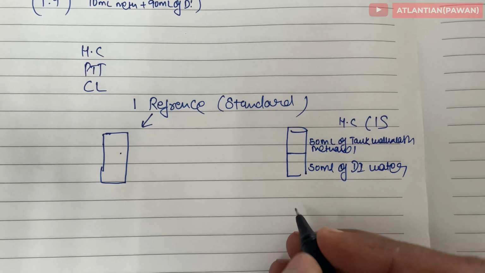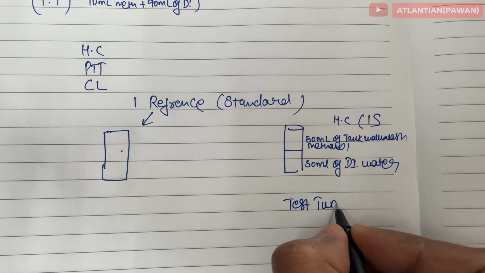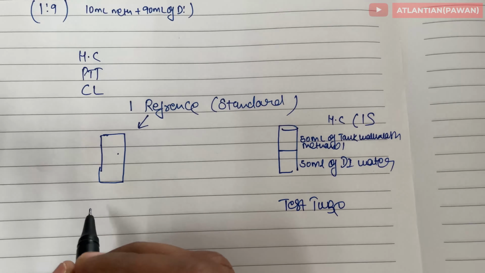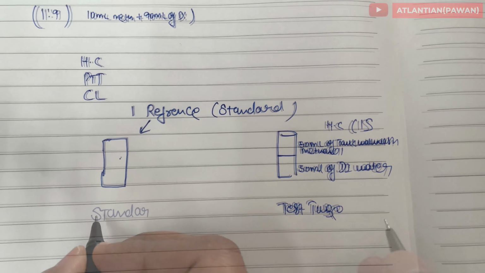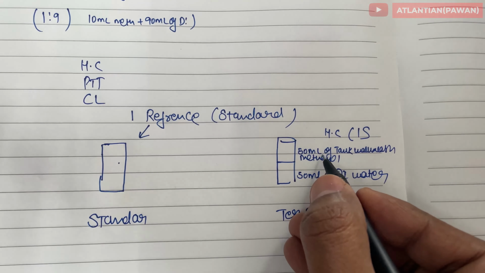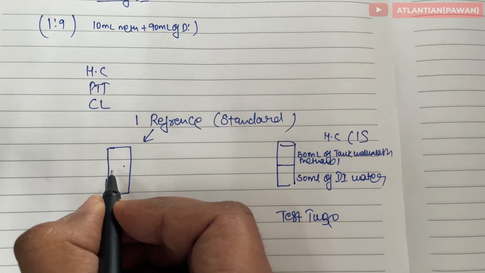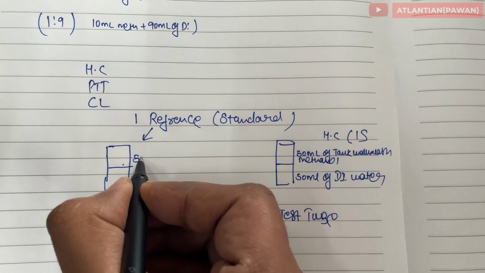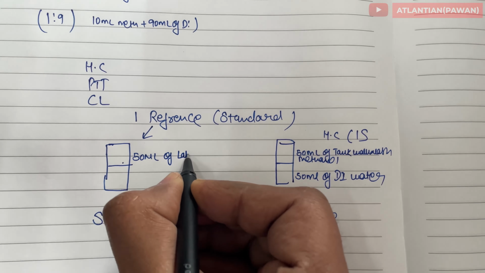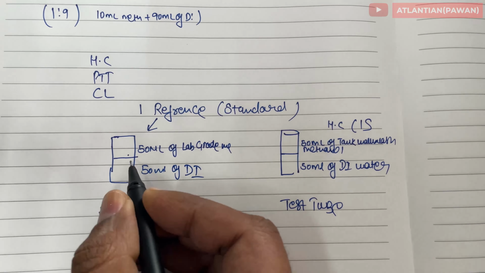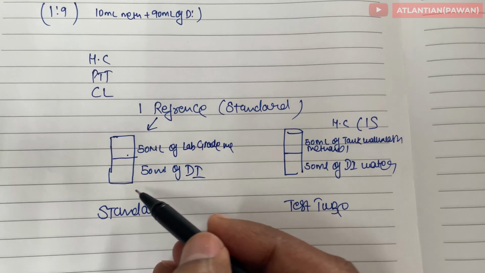Whatever test tube you're making, your reference sample should also be the same, or vice versa, however you want to call it. So in this case, if I had made 50 ml of tank wall wash and 50 ml of DI water, then for the reference sample I make it in the same manner: 50 ml lab grade methanol and 50 ml of DI water, and then I compare them together.